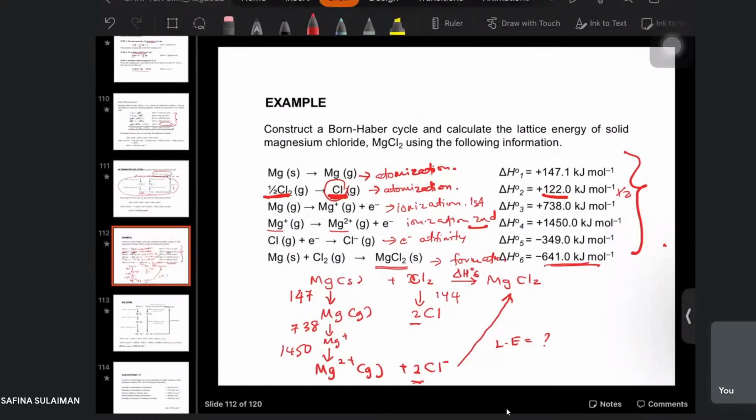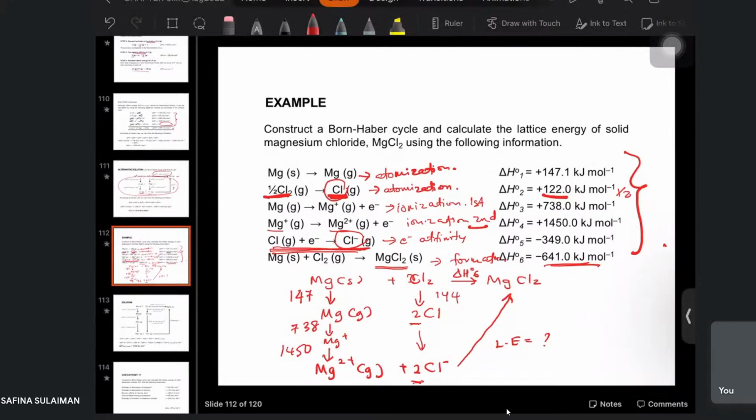Okay, and then daripada 2Cl kepada 2Cl minus, dia akan undergo apa? Yang akan undergo apa? Electron affinity. Okay, electron affinity. Tetapi nilai yang dia bagi kat sini untuk apa? 1 mole.